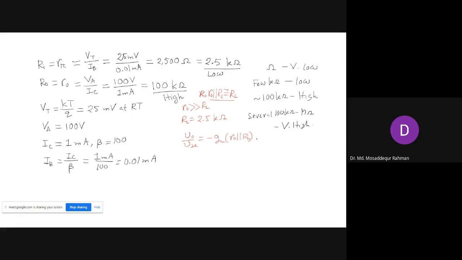So this gain expression we can now write as minus gm RL, right? So the gain will depend on two parameters: one is gm, the other is RL. Now, what is gm?